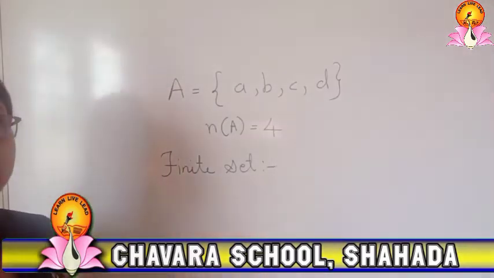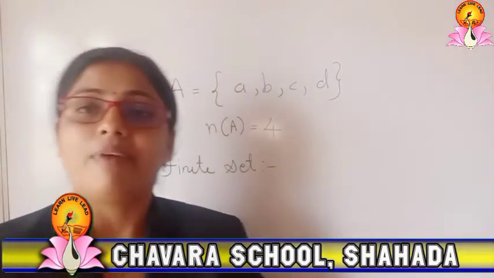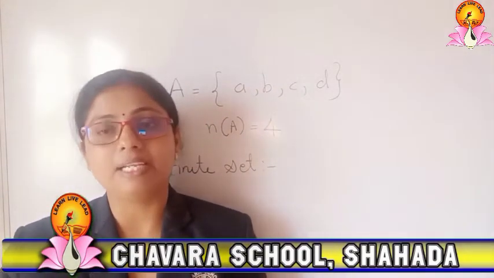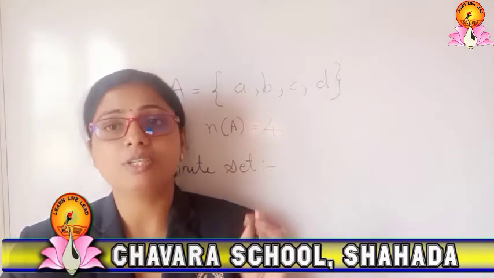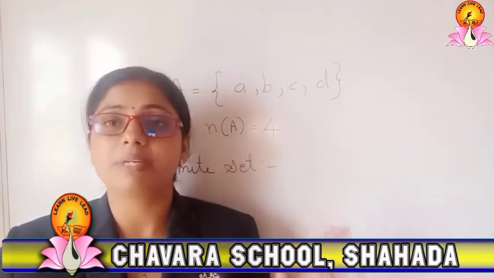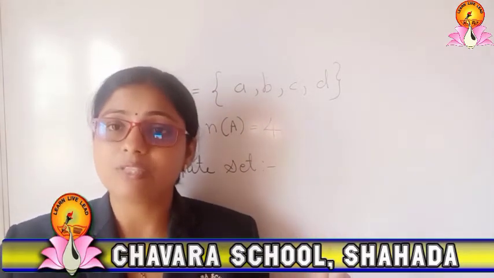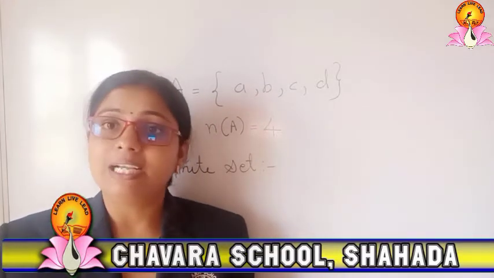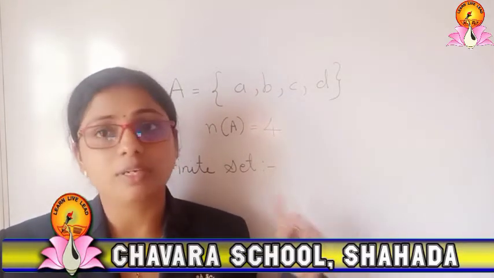Now what do you understand by finite set? A finite set is nothing but one where you will find a limitation on the elements present in the set. If that limitation is not there, then that is not a finite set.